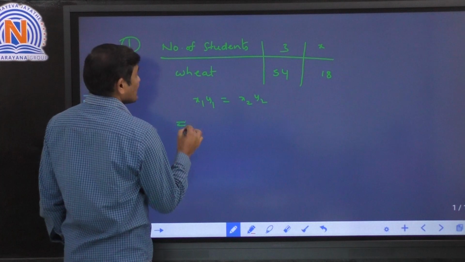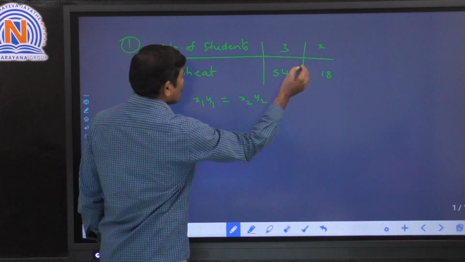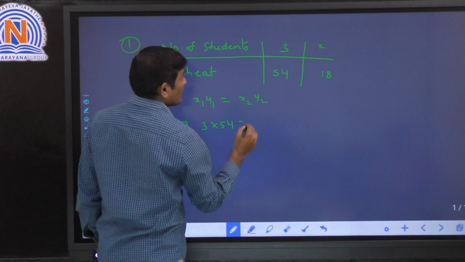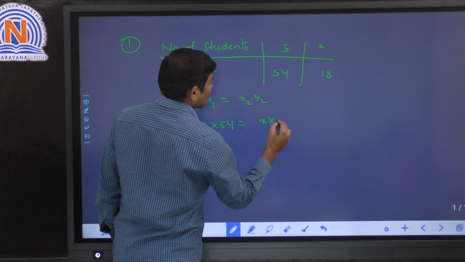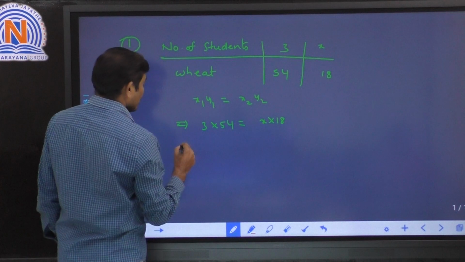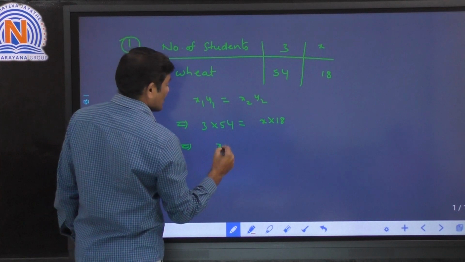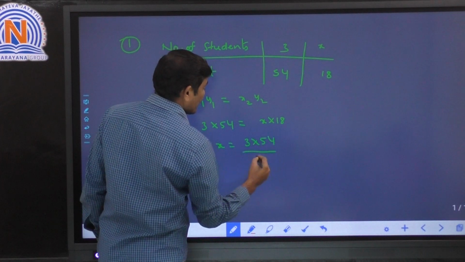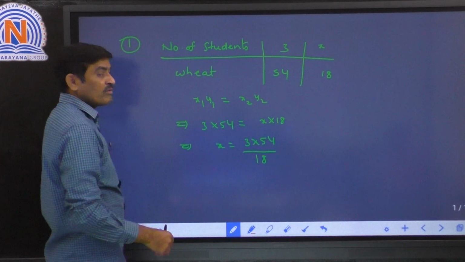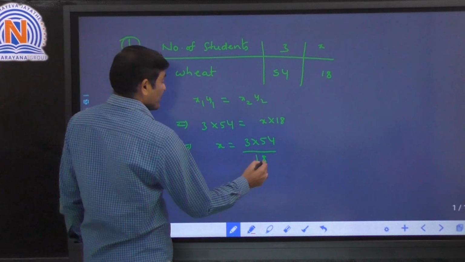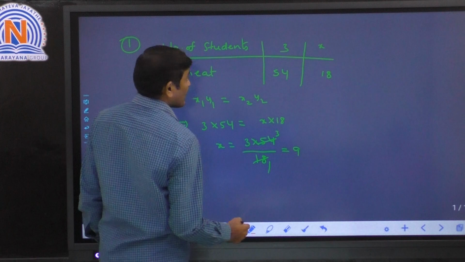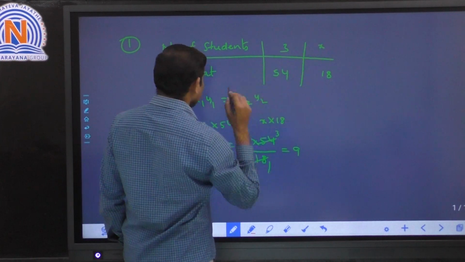So 3 into 54 is equal to x into 18. That implies x is equal to 3 into 54 by 18. The 18 will be transferred to the other side. Then 18 ones are 18, 18 threes are 54, then 3 threes are 9. So I got x is 9.